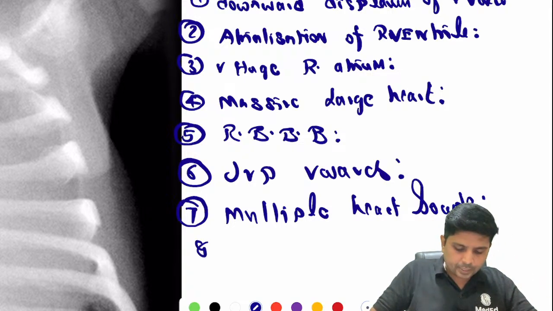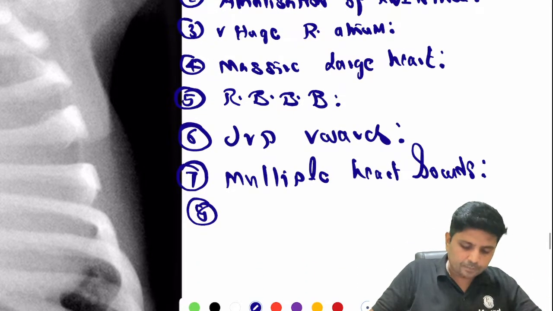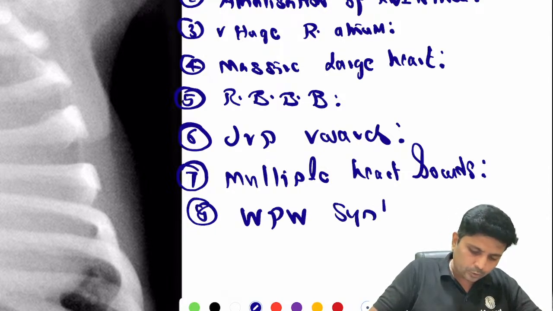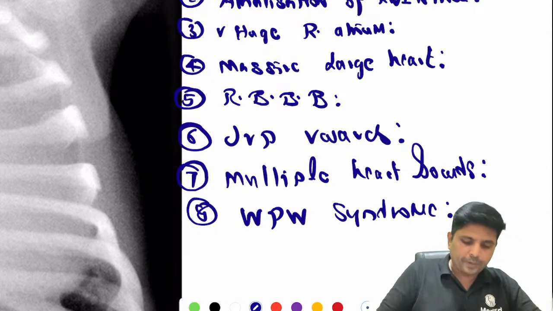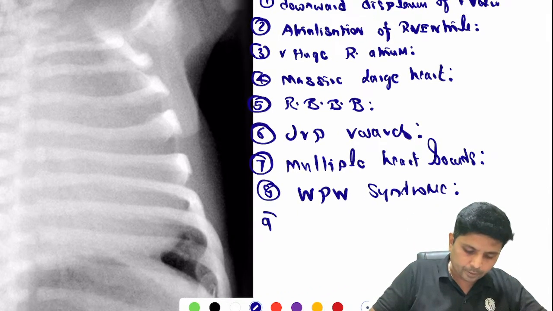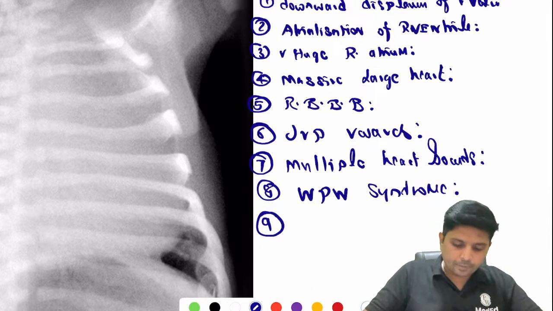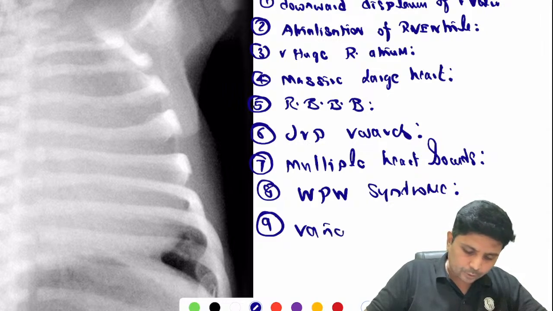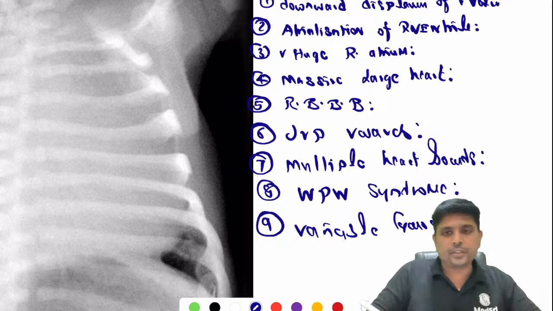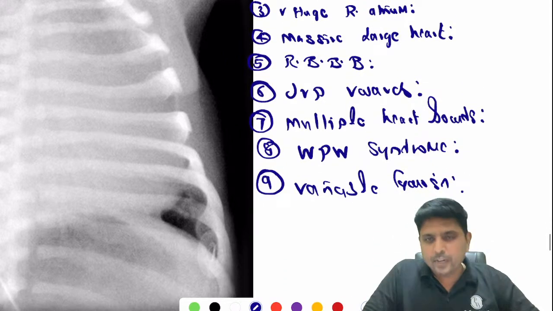Another point is they are usually associated with WPW syndrome. That is my eighth point. And remember, you have variable cyanosis. Variable cyanosis means not all patients with Ebstein's anomaly will have very low saturation.